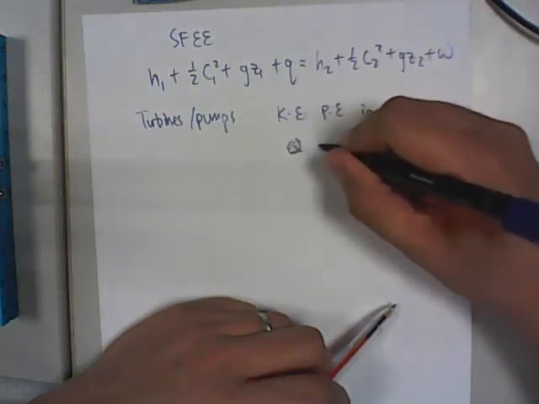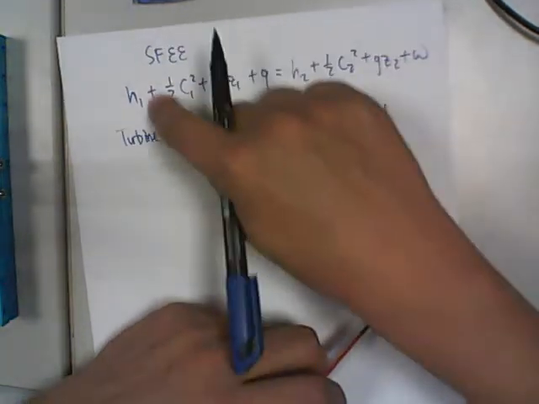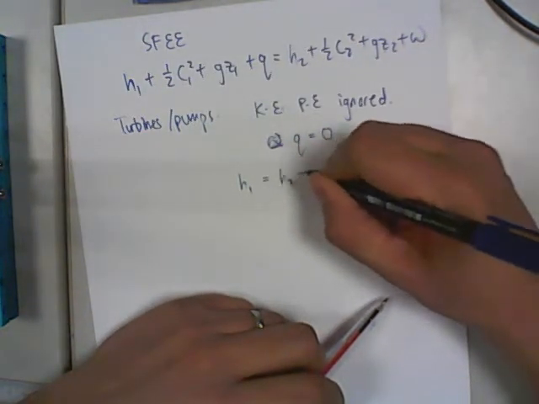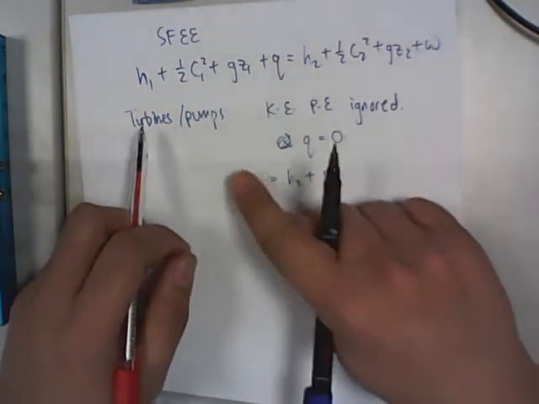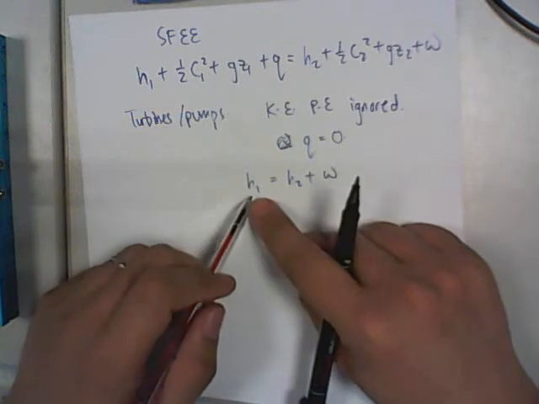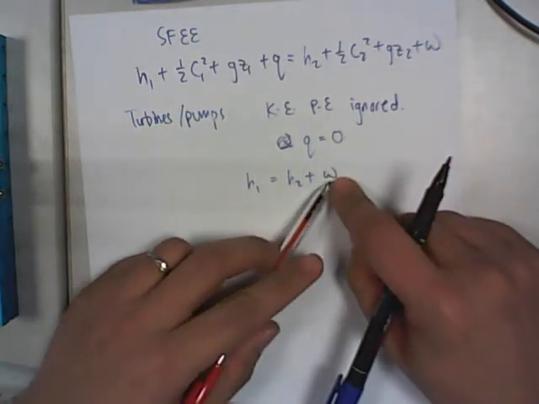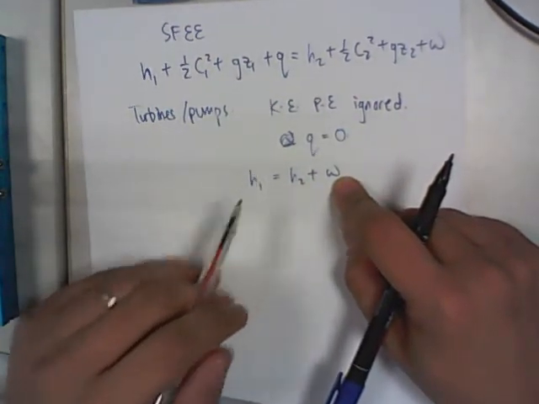So Q is 0. In this case, your SFEE can be reduced to H1 equals H2 plus work done. And if this is a turbine system, your H1 will be higher than your H2. Then your work done will become a positive work because the turbines generate energy.